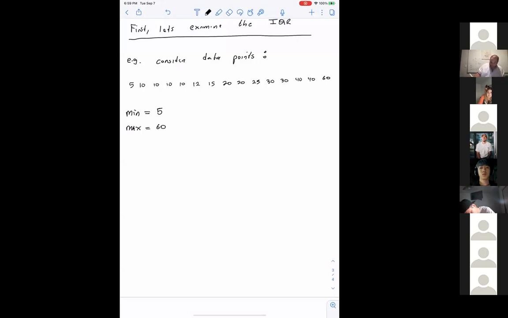So what would the spread be in terms of the definition we gave last time for the spread? 5 to 60. The range, on the other hand, is a number. The range is max minus min. So what is the range equal to for this example? 55.